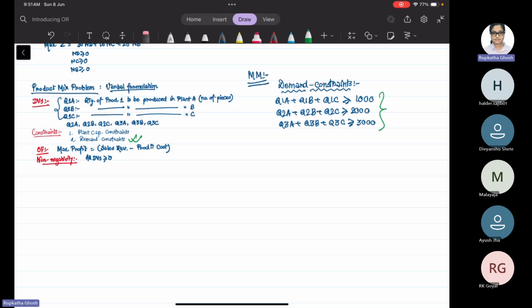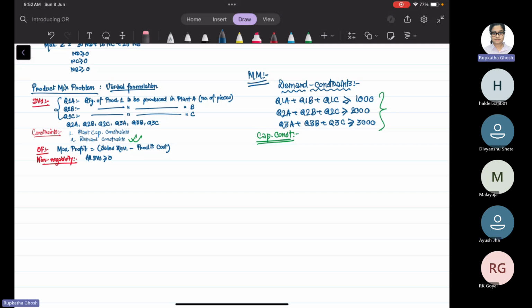Now I want to write my plant capacity constraints. What is the statement for capacity constraints? Can anyone tell me? It cannot be greater than the production capacity of the 3 plants.